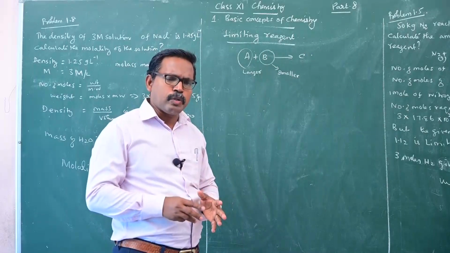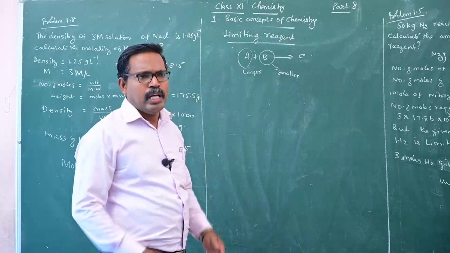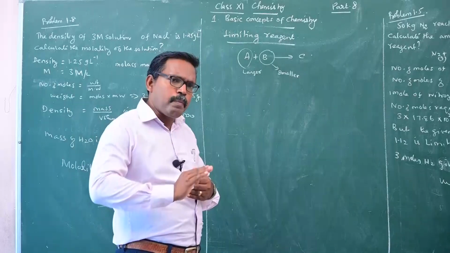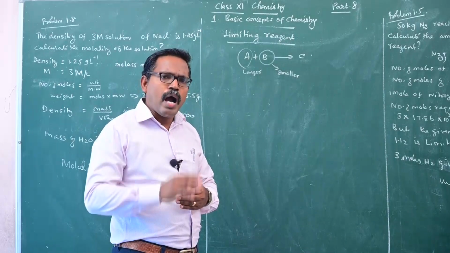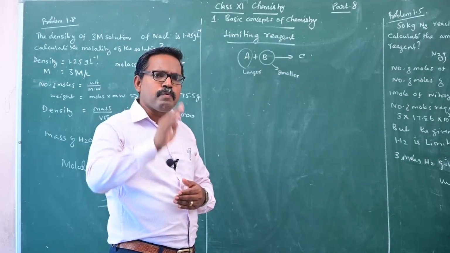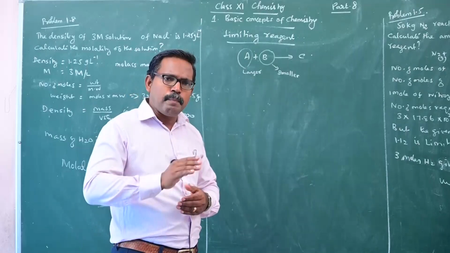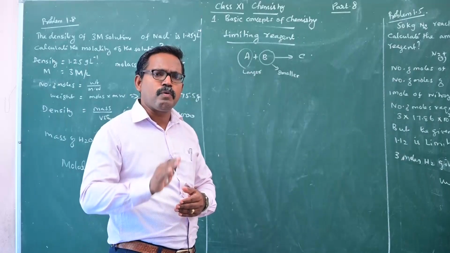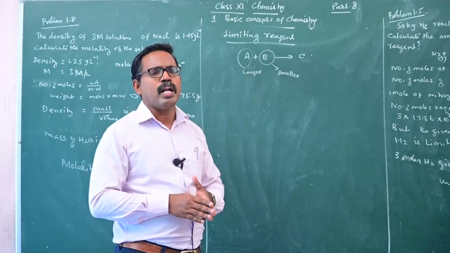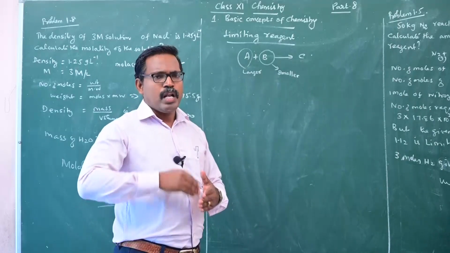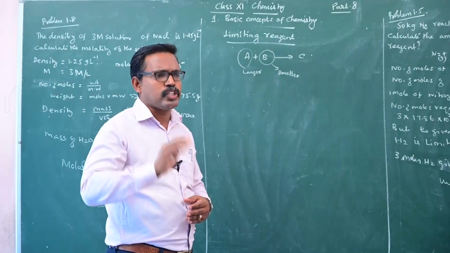Which reactant controls the entire chemical reaction? There will be no formation of product after the complete consumption of one of the reactants. That reactant is called the limiting reagent, which controls the entire reaction.